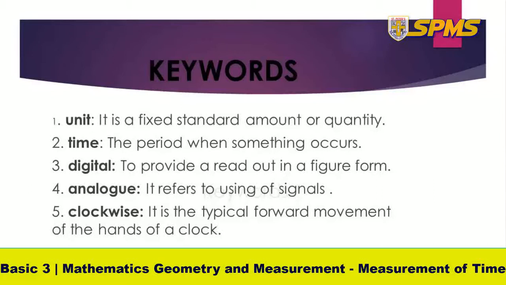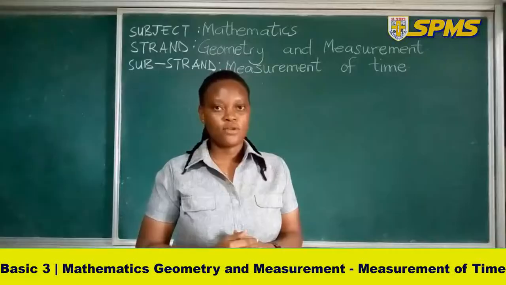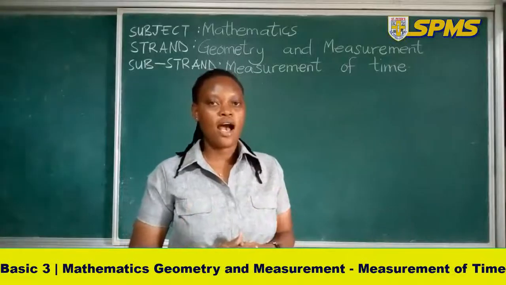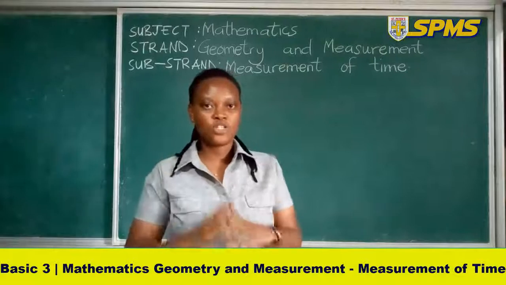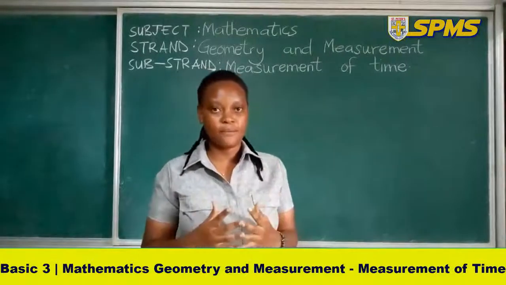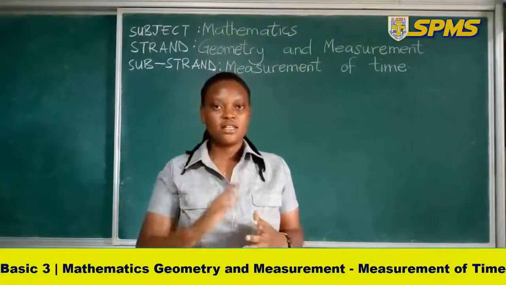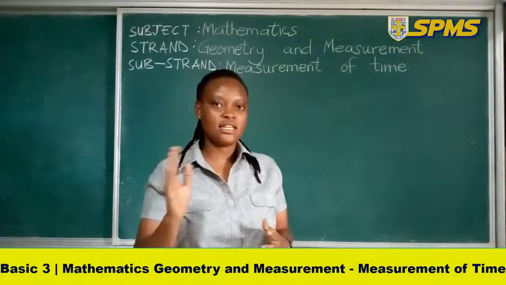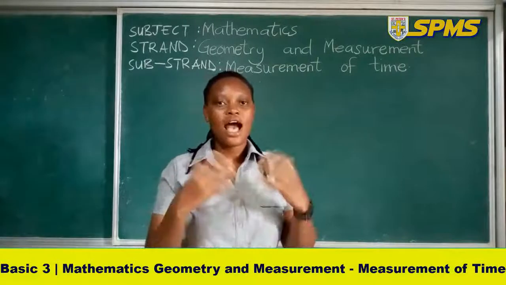A clock or a watch is called analog when it has moving hands to show you the time. So the clock has hands which is used in telling the time. So these hands that are used in telling the time is known as the analog.